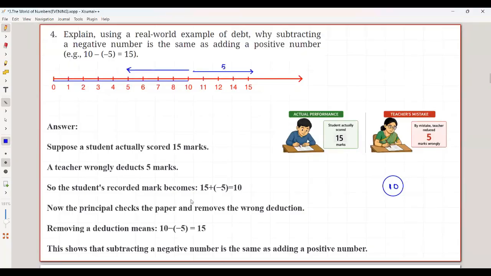I think you were able to get the answer. Is there any doubt? If you have other examples, you can go with your own examples related to this question. Any doubts, you can ask.